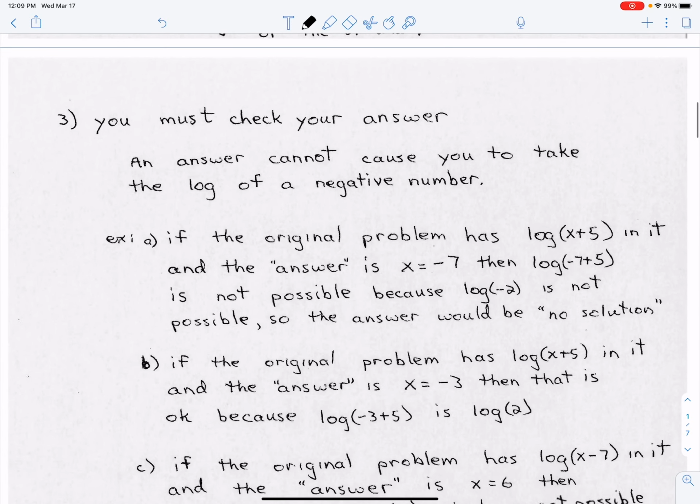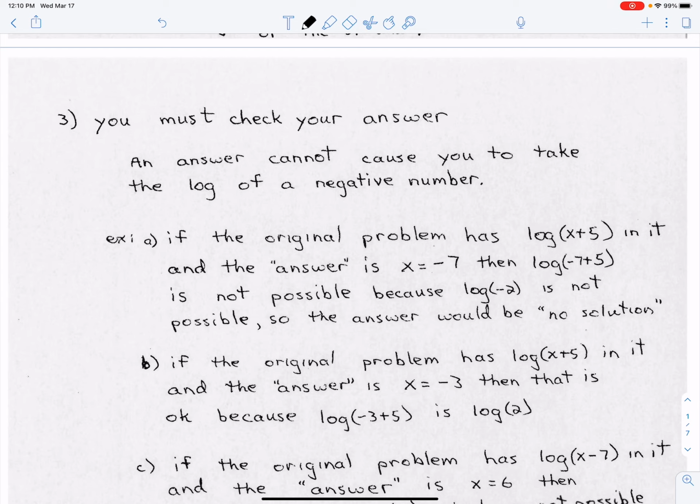Next, you must check your answer. An answer cannot cause you to take the log of a negative number. Now be very careful. I'm not saying the answer can't be negative. Okay, that's not what I'm saying. So for example here, if the original problem has log of x plus 5 in it somewhere, and the answer is -7, then plugging a -7 in for x would cause you to take the log of a negative number.